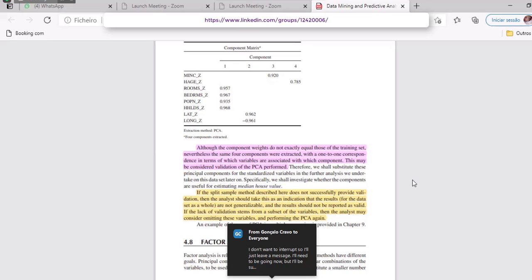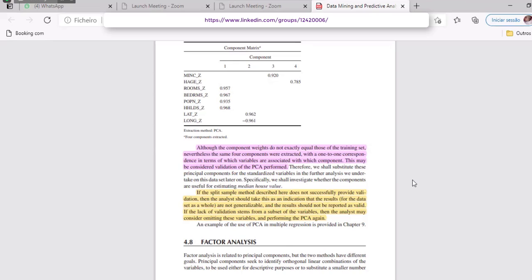So basically, after that, we have to see if we can find some evidence for this variable, for example, to be included or excluded. And if we could not find anything there, then there is something wrong here.